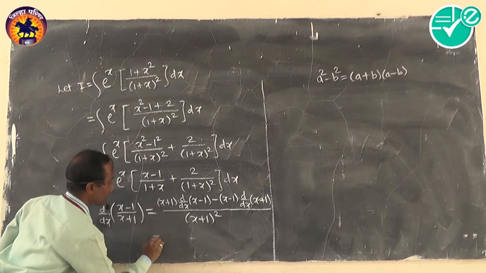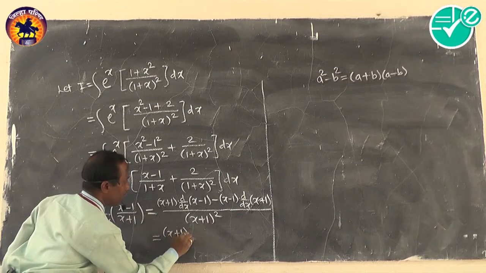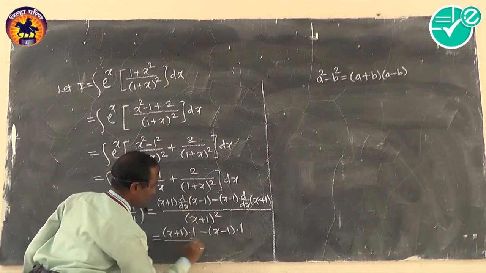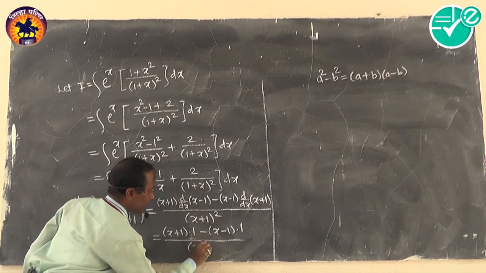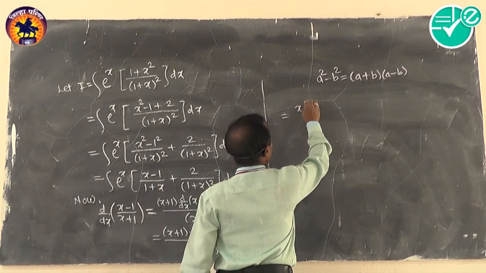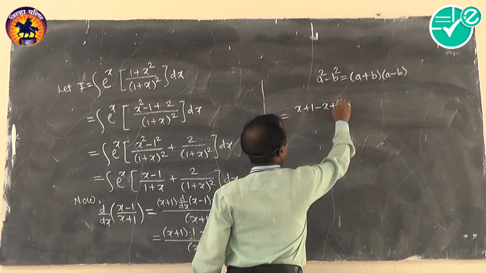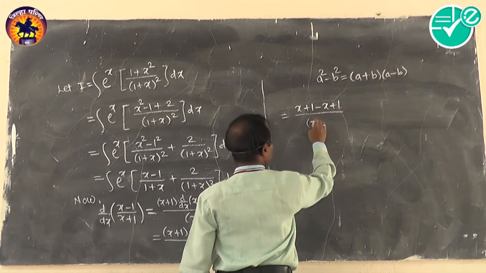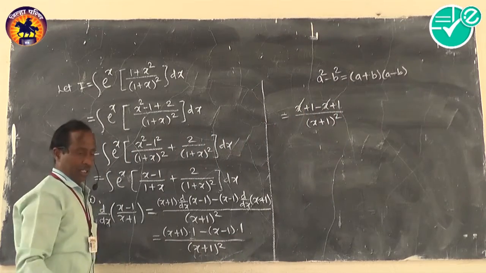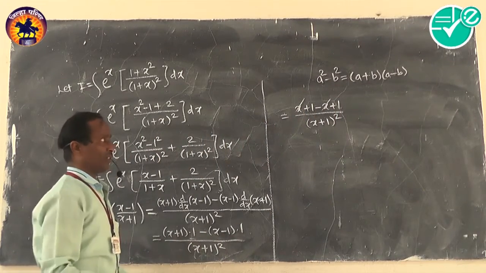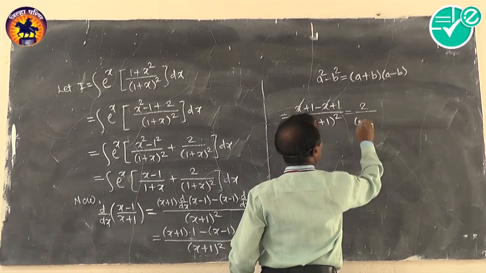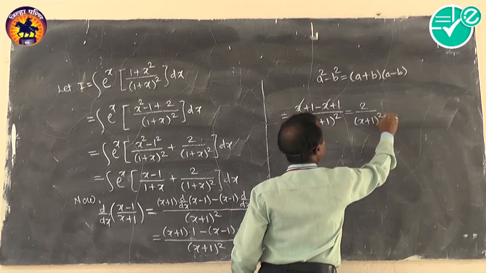We get (x plus 1) into 1 minus (x minus 1) into 1 divided by (x plus 1) bracket square. We get x plus 1 minus x plus 1 divided by (x plus 1) bracket square. The x will get cancelled. Here the sign will be changed in subtraction. So we get 2 upon (x plus 1) bracket square.